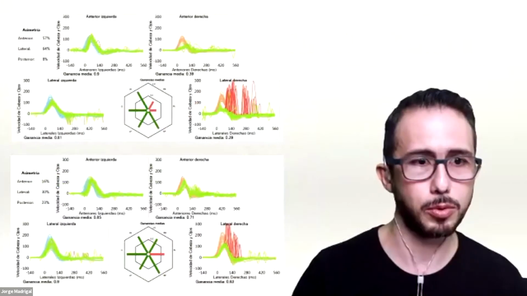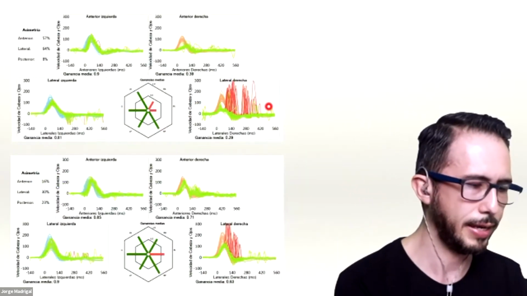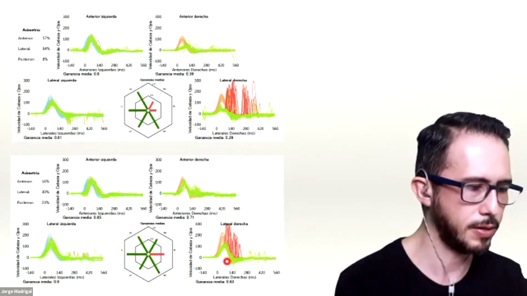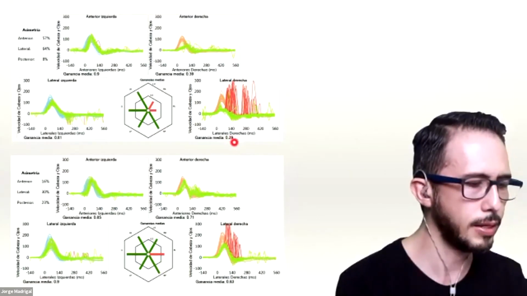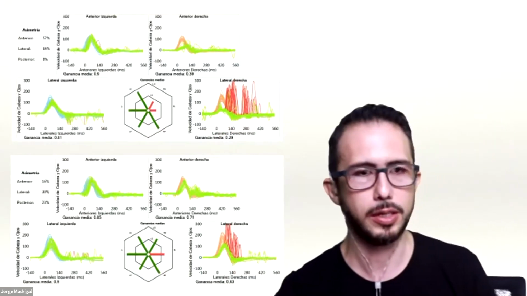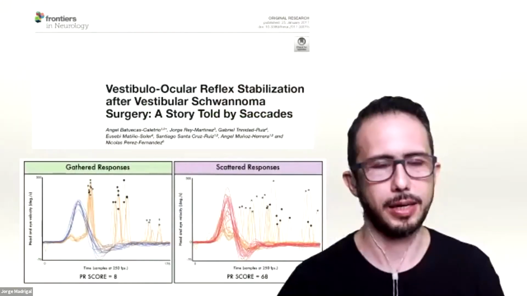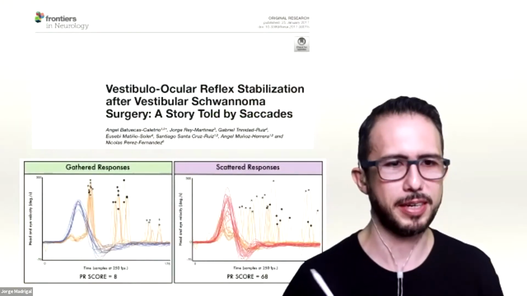Now, this is the comparison between the two V-hits. See how all the saccades are now gathered, and the gain increases from 0.29 to 0.63. So it's very easy to see. And well, I'm not going to stop here.